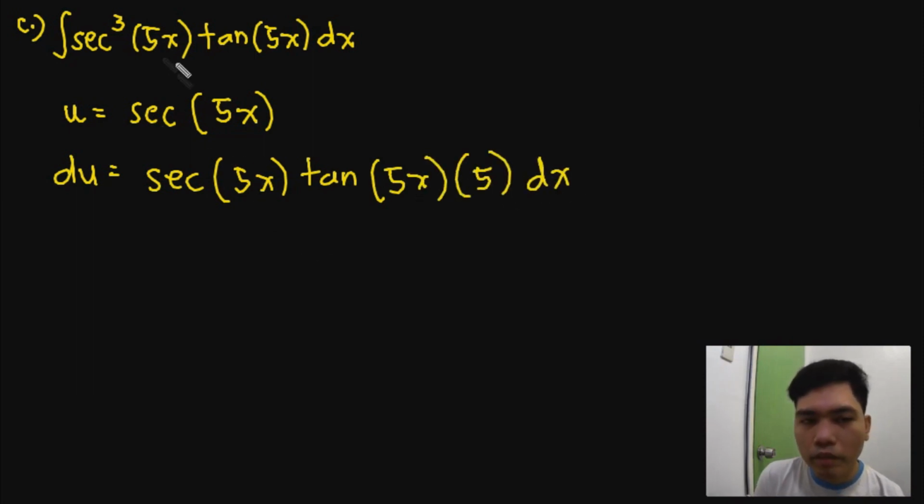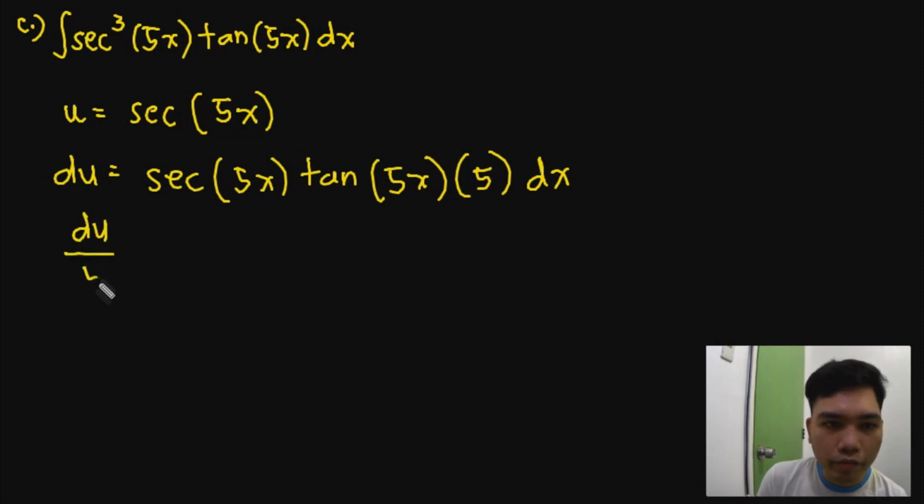So this is quite closer to the expression, because if we try to rewrite this in terms of u or du, then we can factor out secant from this expression, and then we can resolve for this in terms of u. So what am I saying? This term tangent 5x dx divided by 5 and then secant 5x, you can rewrite this in terms of du over 5.